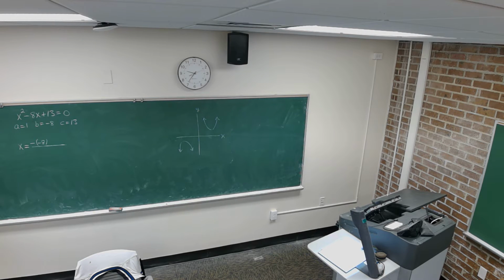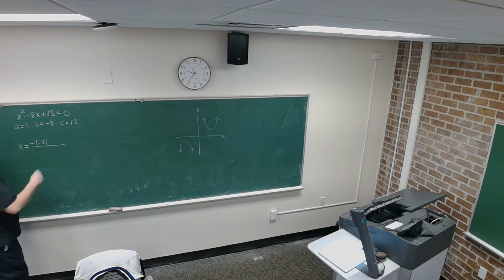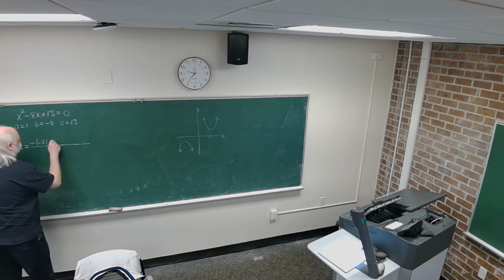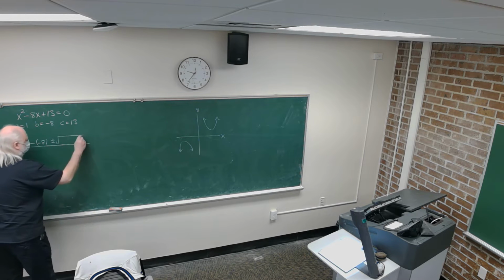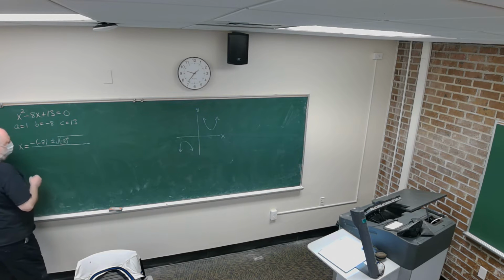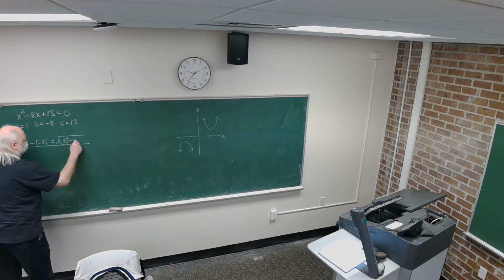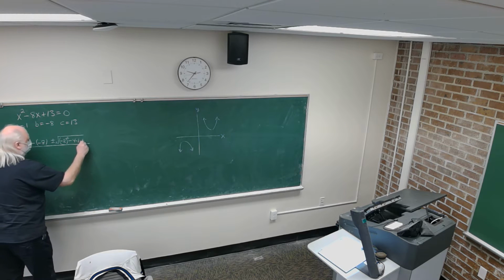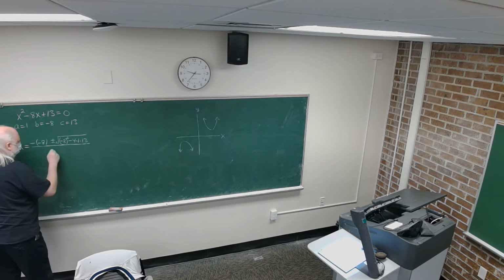So x is equal to -b plus or minus the square root of b squared minus 4 times a times c over 2a. Right? So we have -b in the numerator, which is the negative of -8, and then plus or minus the square root of b squared, well, b squared is -8 squared, minus 4 times a, which is 1, times c, which is 13, over 2 times a, which is 2 times 1.